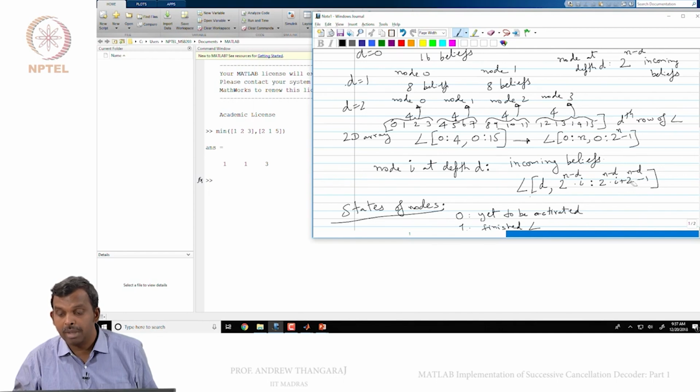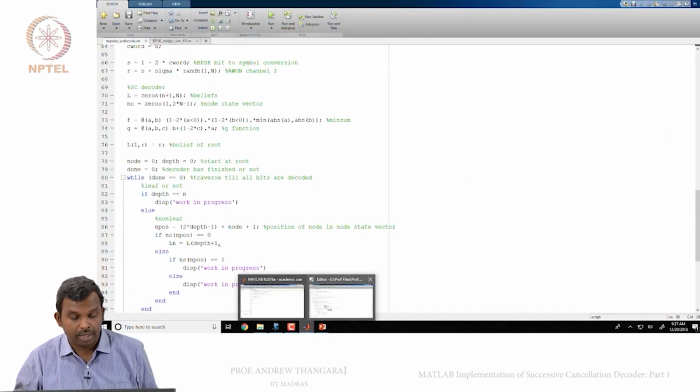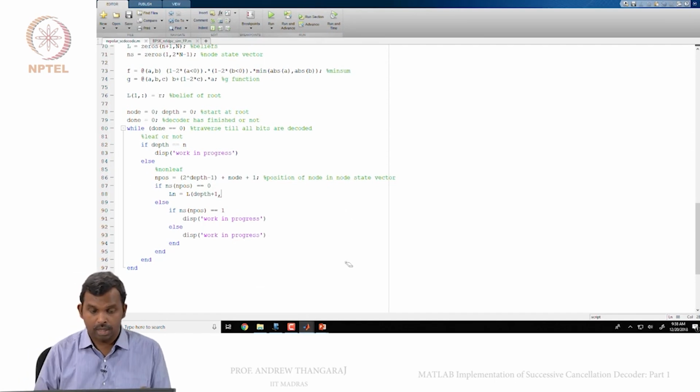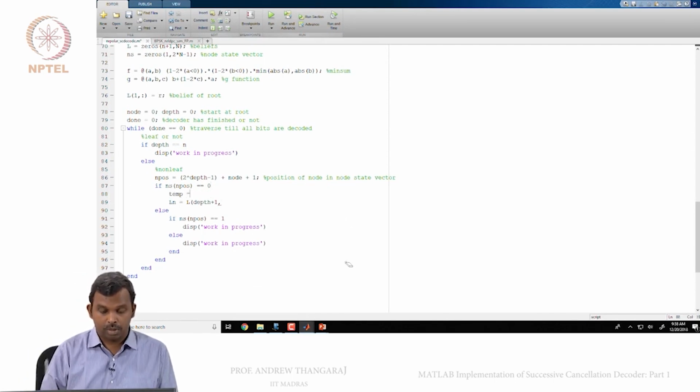This 2 power n minus d keeps appearing quite prominently, so it's probably worth computing that first. I'll call it temp equals 2 power n minus depth. And then this is going to be temp times node plus 1 colon temp times node plus temp, so it just goes up to node plus 1.